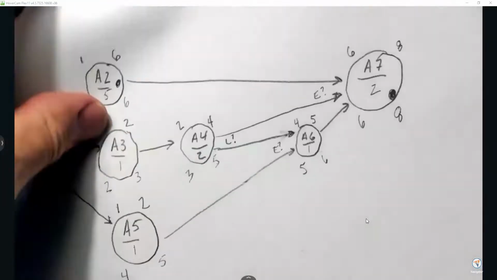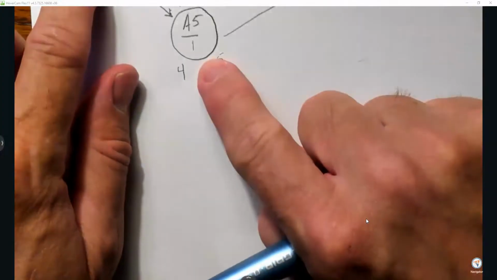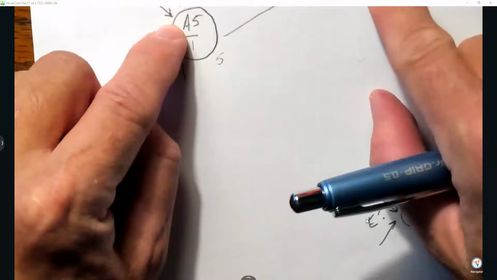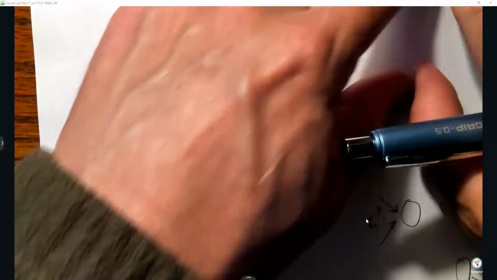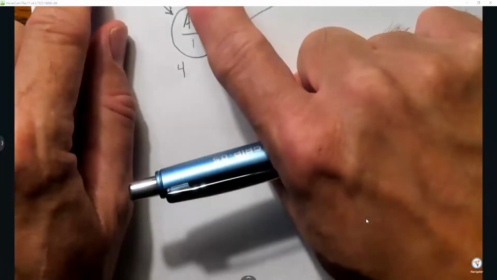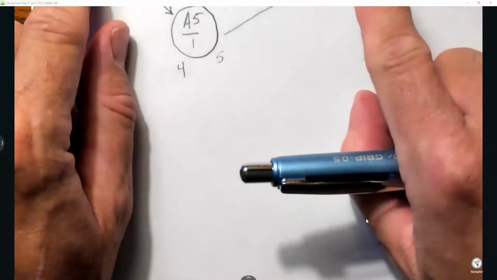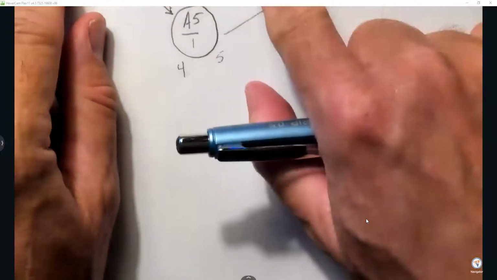If I wanted to, I could calculate the length of each path. From here to here to here is 1, 2, 3, 5. It takes me 5 days to do this path. To do this path, it's 1, 2, 4, 5, 7, so it takes me 7 days.